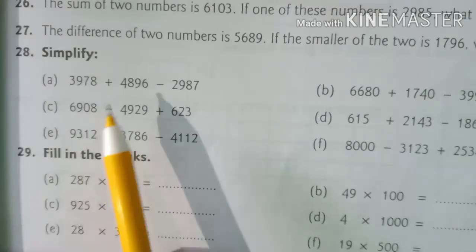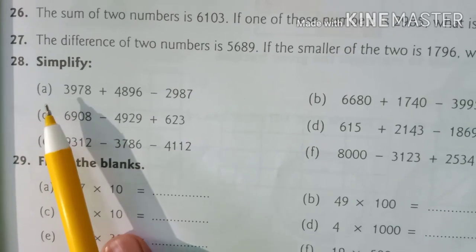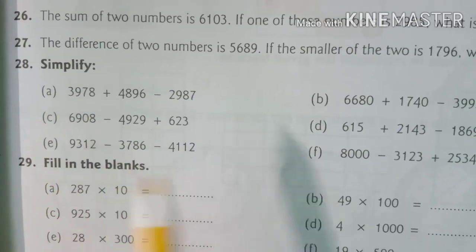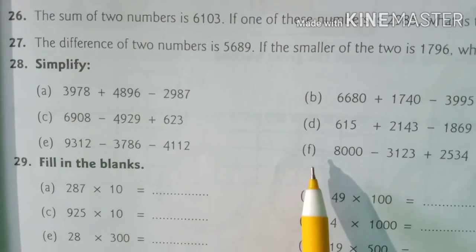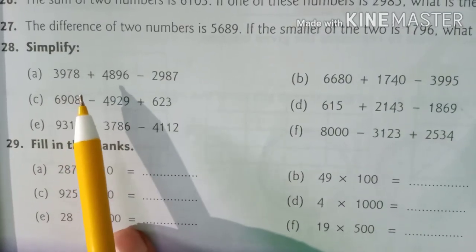Okay, see question 28. Simplify. As you can see, questions A to F are given to you, and in each question you have to do two operations.